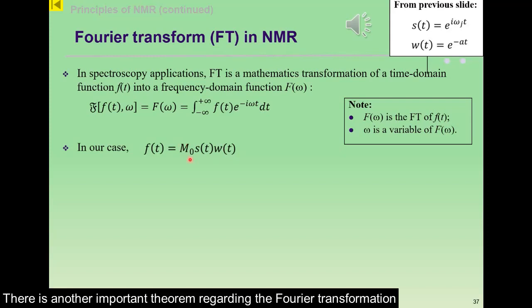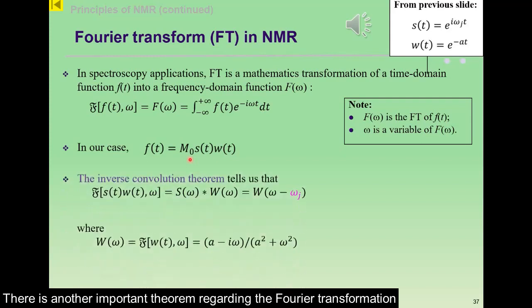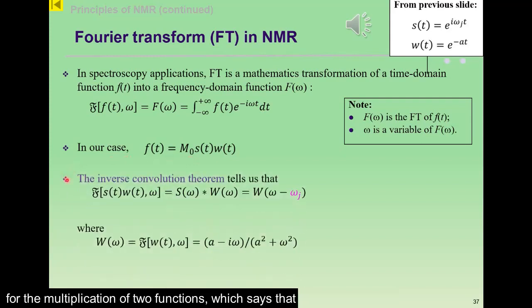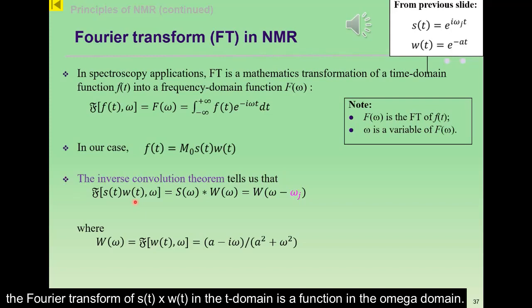There is another important theorem regarding the Fourier transformation for the multiplication of two functions, which says that the Fourier transform of S(t) times W(t) in the t domain is a function in the omega domain.